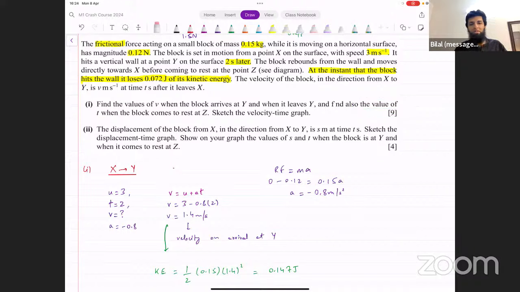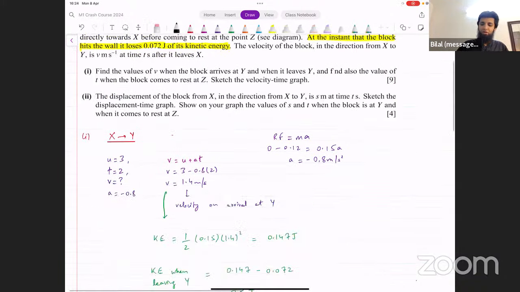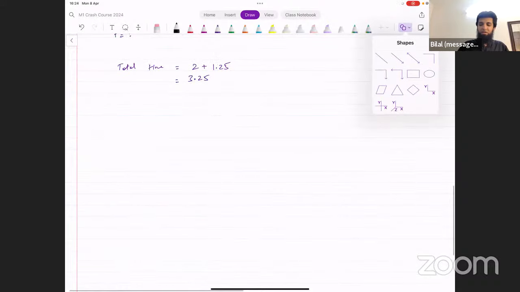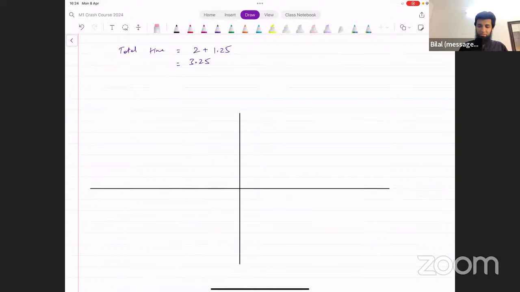And now that we know this as well, we need to sketch the velocity time graph for this whole journey. So how do you draw the velocity time graph? Remember, we're considering the right side positive for this velocity time graph. That's what they've told us in the question. X to y is positive direction, from left to right. Let's draw the velocity time graph for this journey now and see how that's going to look. So we have this x and y axis like this.